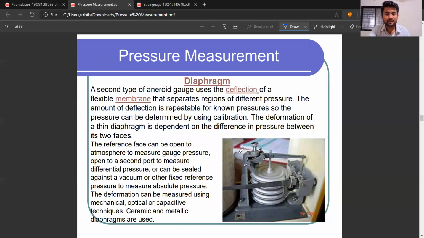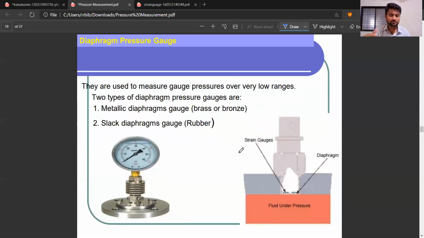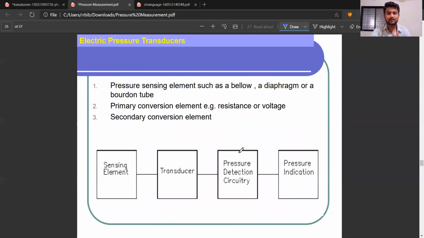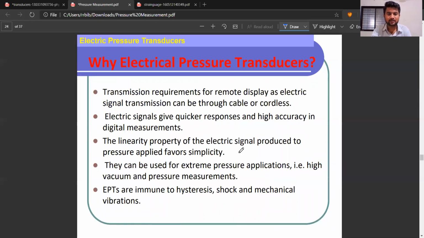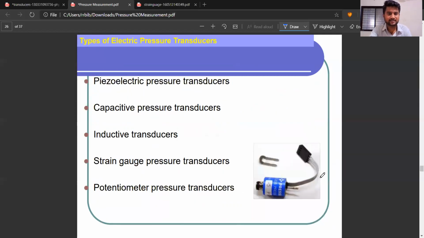By using a diaphragm also you can measure the pressure. Some resistive pressure transducers are also available, which change their resistance when pressure is applied. For an electric pressure transducer, you have a sensing element, transducer, pressure detection circuitry, and pressure indication.